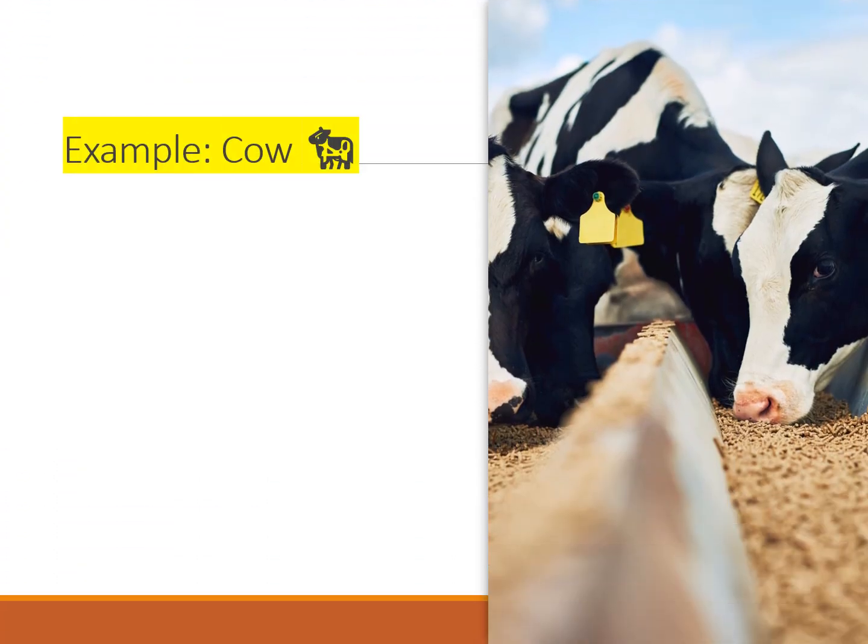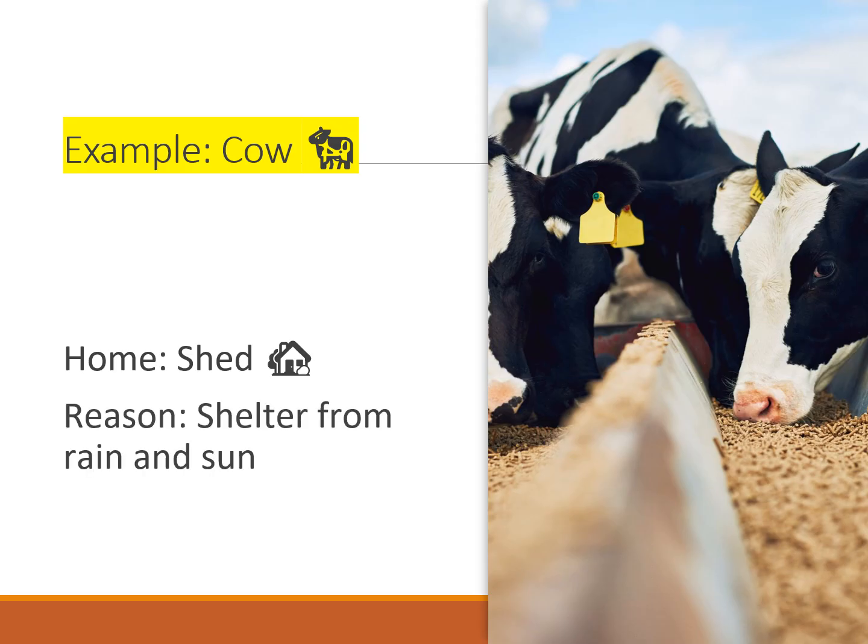If you take another example, here it is a cow. So for cow, they will write the home as shed. They will stick the picture of the shed, and then the reason they will write is shelter from rain and sun. So like this they will prepare the cow chart.